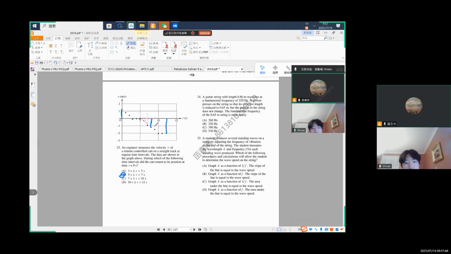It can't be 3 to 5. 7 to 10 is more likely. Yeah, 7 to 10 is probably more like it. Also, this one is higher than 1, so you might use 7 to 10, right? With this kind of thing, you have to draw the diagram carefully, and also compare, right?